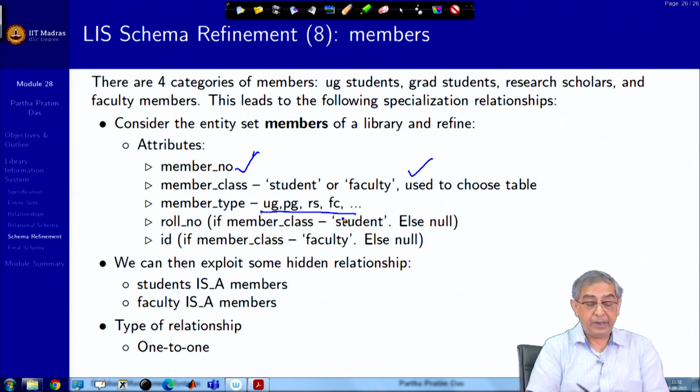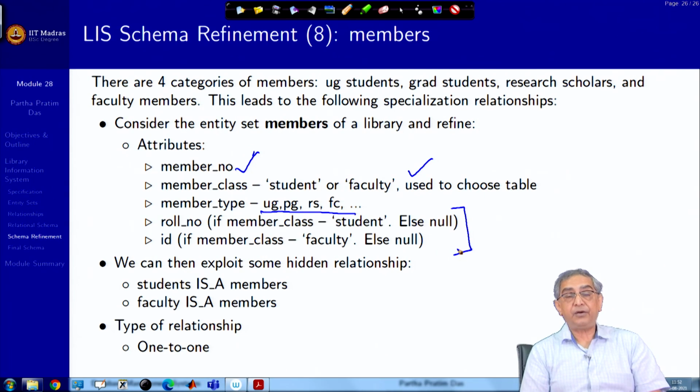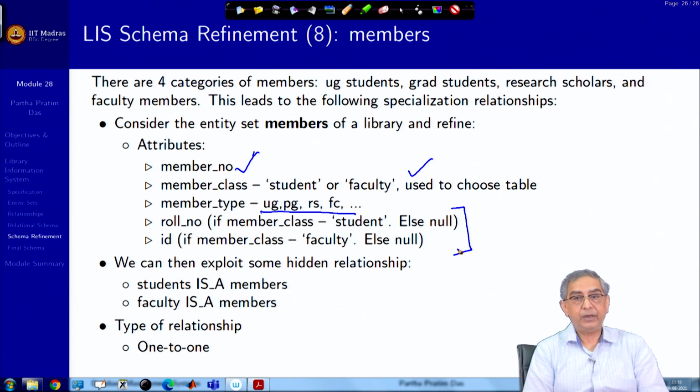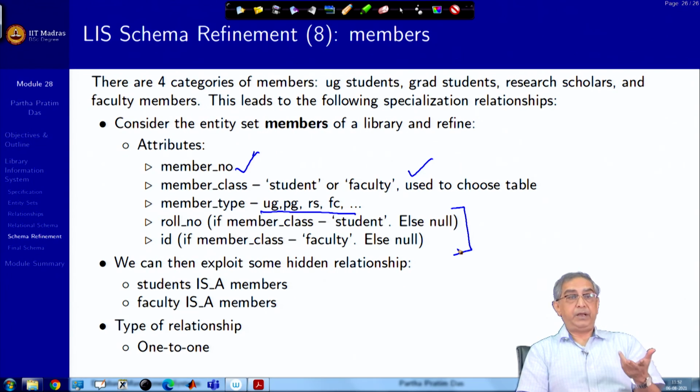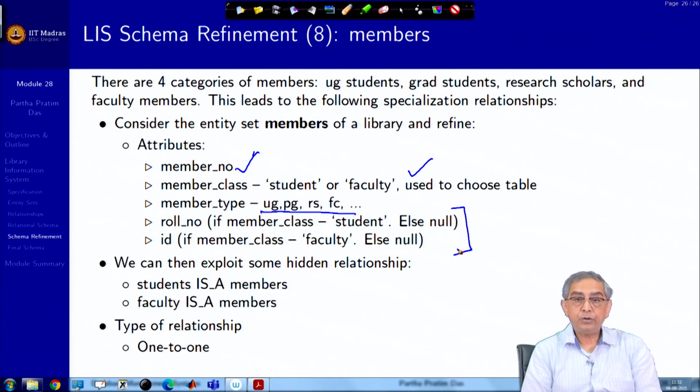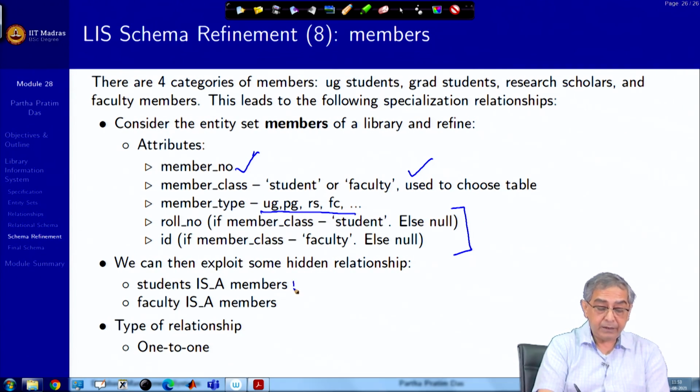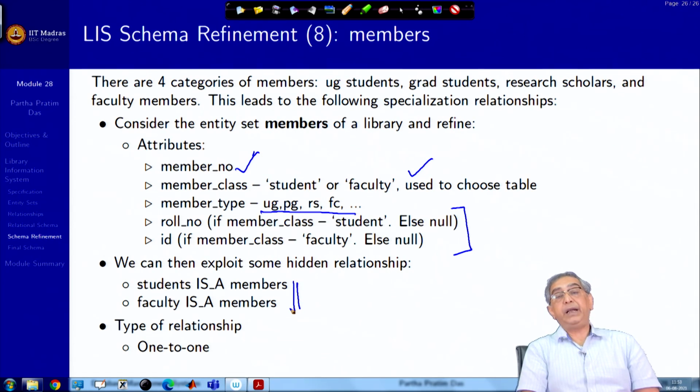Then member type will be there, and to relate to the details of whether it is student or faculty, you put the roll number or the ID number. Naturally, both cannot be there. Rarely a faculty will also be a student, but usually both will not be there. So, it should be nullable fields. And by designing this, where did we get this from?